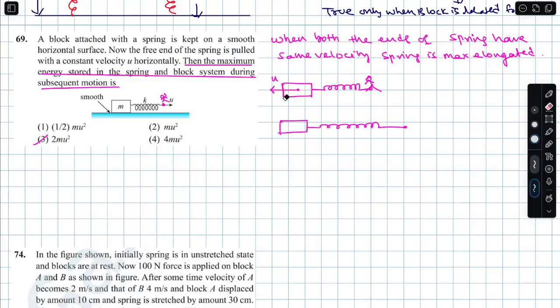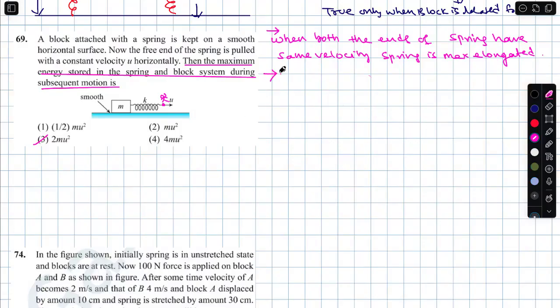Thereafter, what happens? Now, before I start the free body diagram, some observations I need to take. This is the first observation. The second observation that I need to post here is the mechanical energy part.